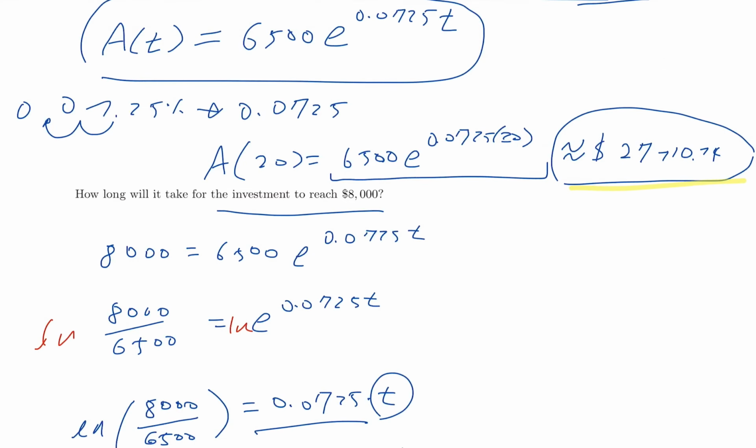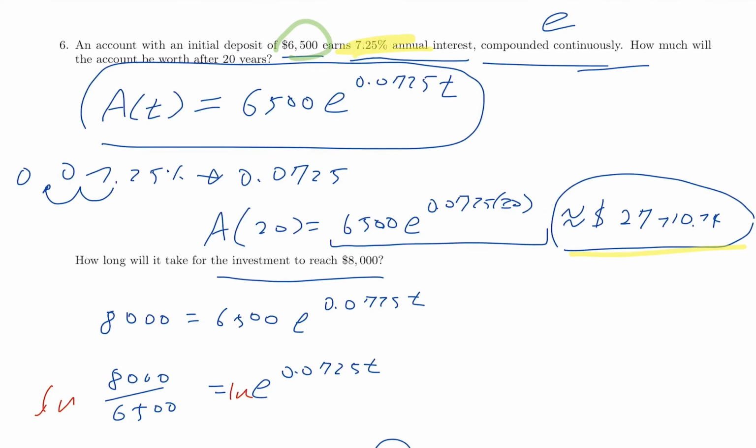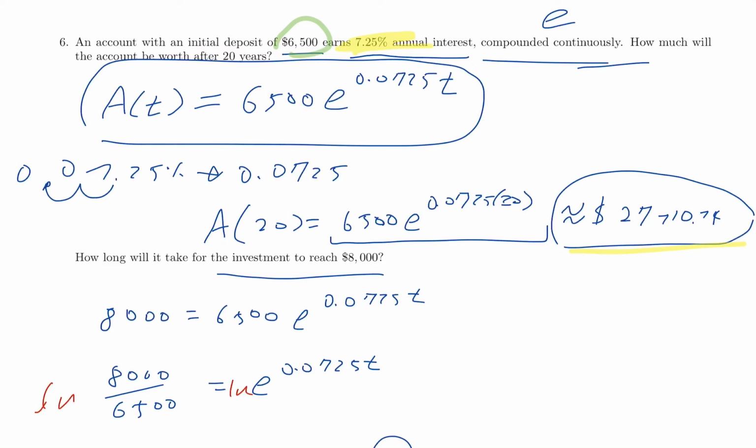Again, in real life, and I'm sure some of you know already, having a fixed annual interest like 7.25% is not possible, right? A bank will not give you that amount for a savings account, and usually this interest amount changes for investments or the stock market.